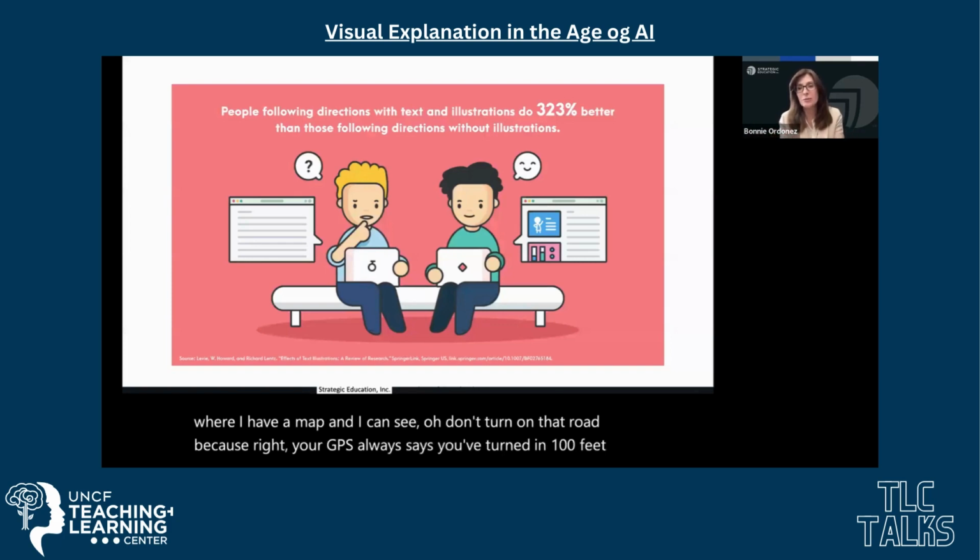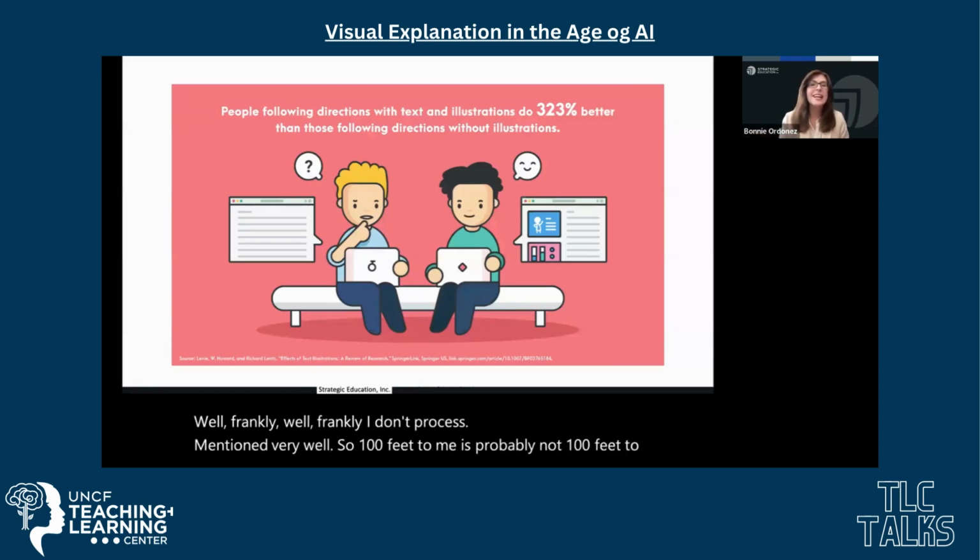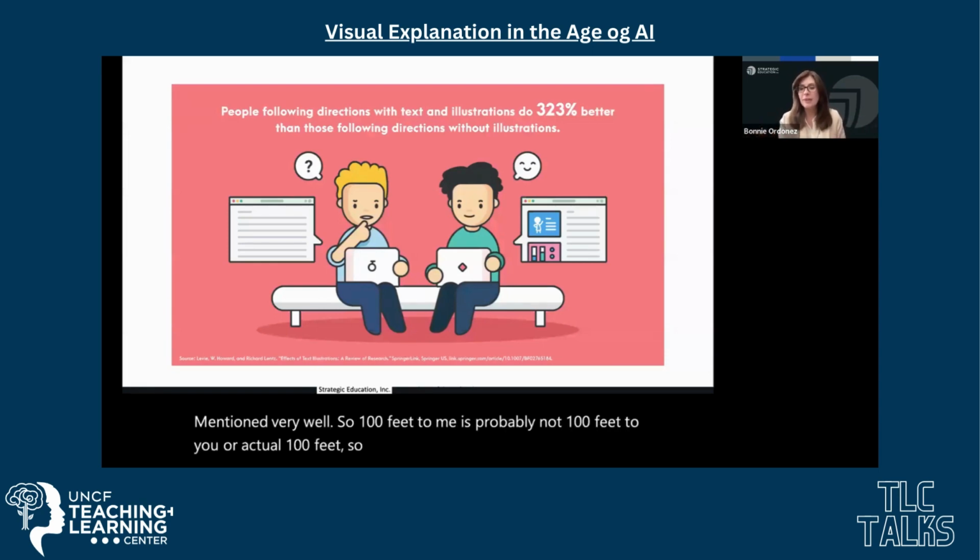Well, frankly, I don't process dimension very well. So 100 feet to me is probably not 100 feet to you, or actual 100 feet. So the images really help me as I'm trying to navigate. So think back in your history of where images might fit to help explain things better for you.